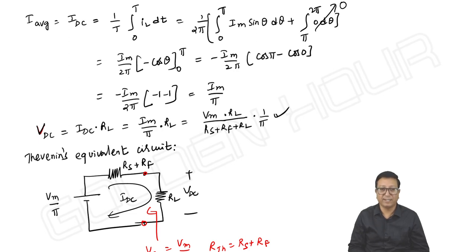We can take the Thevenin's equivalent like this. Physically it is not existing. We are writing it from the equation for VDC we have got. From that equation we developed a circuit, and from that circuit we are writing these two values, VThevenin and RThevenin. Okay. Next, RMS value.